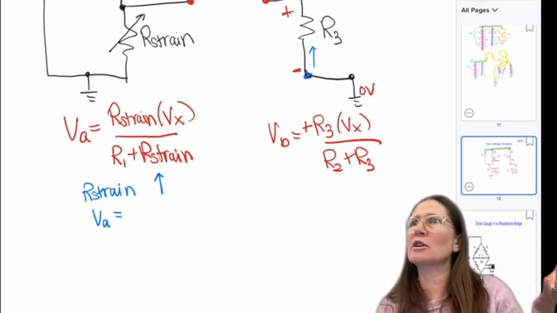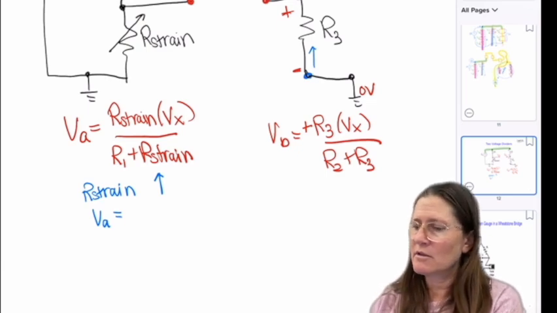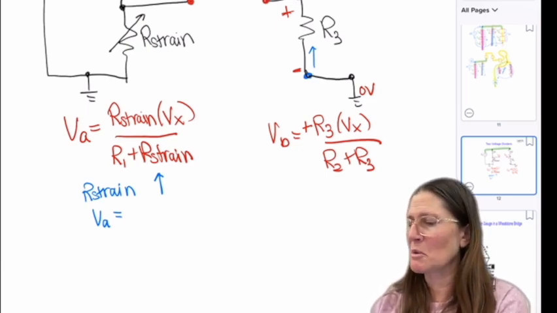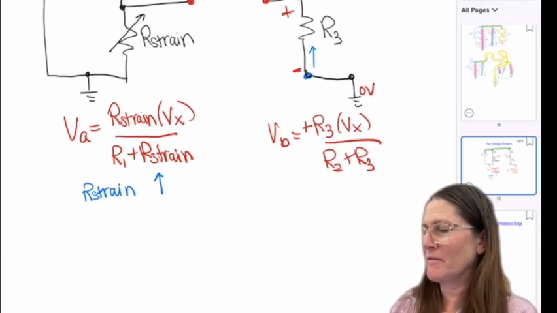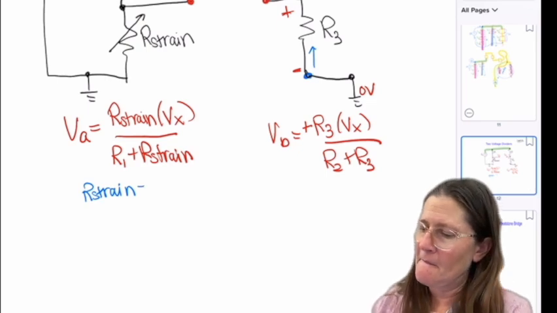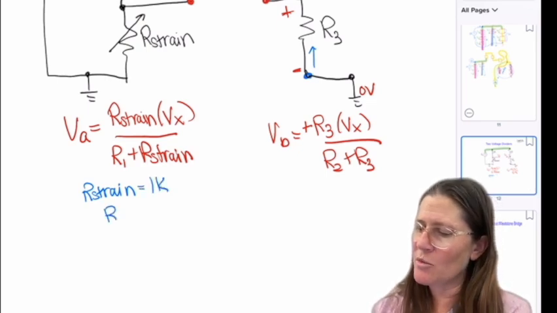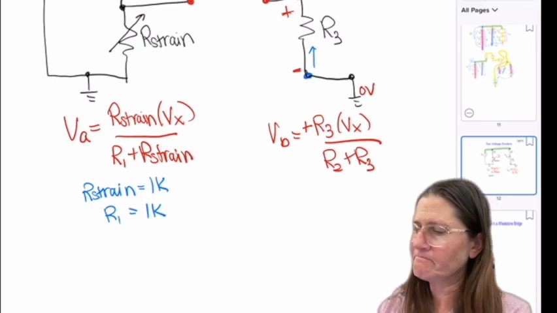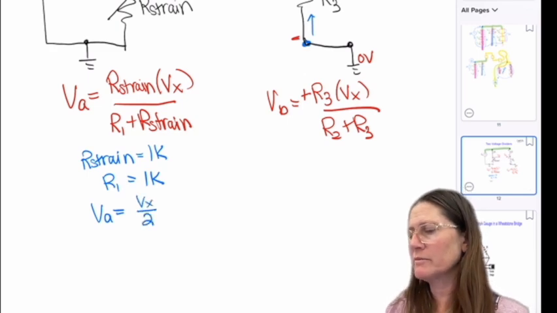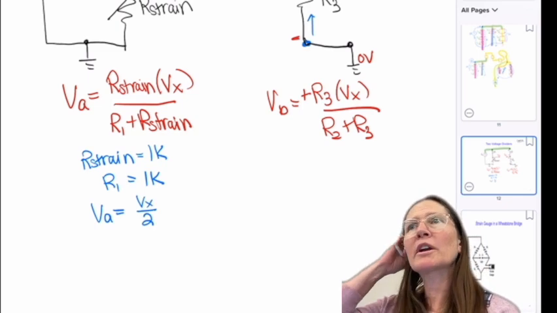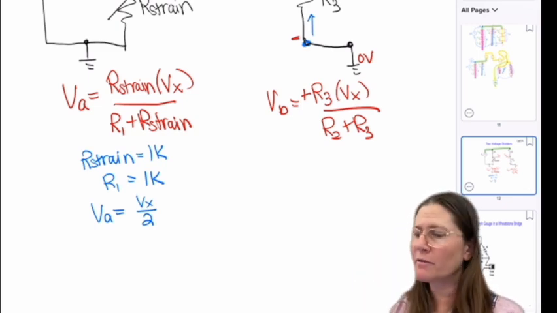So let me use numbers here. Say our strain equals 1K, R1 equals 1K. This gives me Vx over 2, 1K over 2K, so it will give me a half.